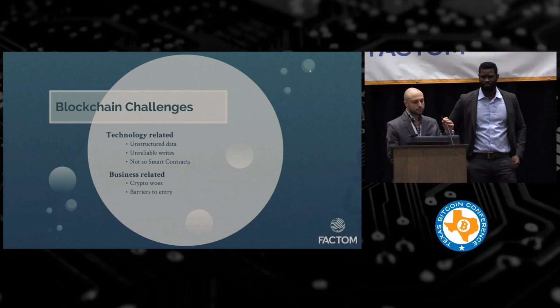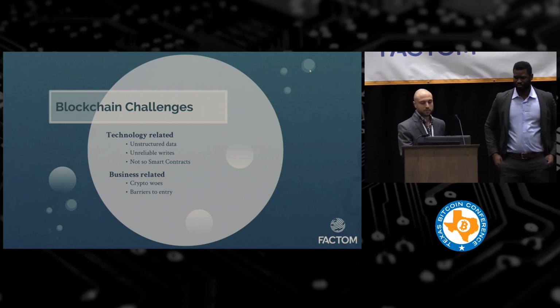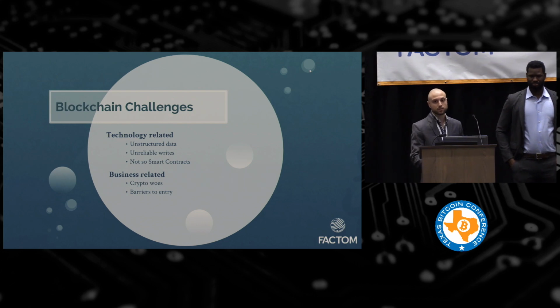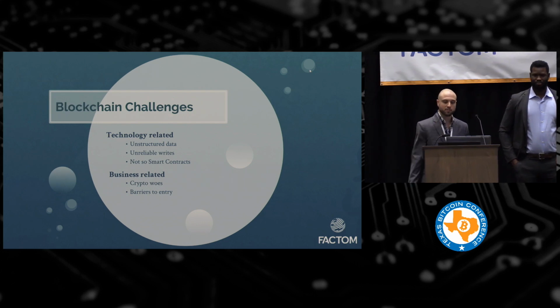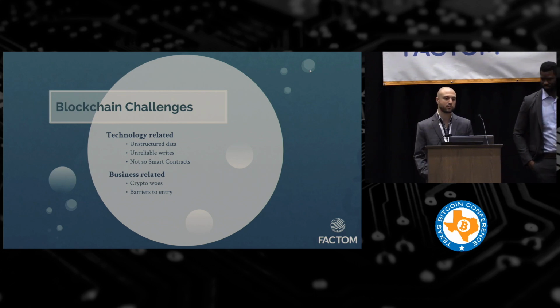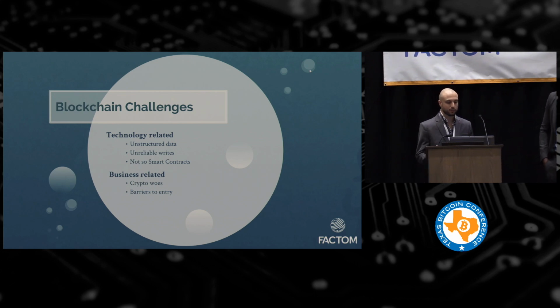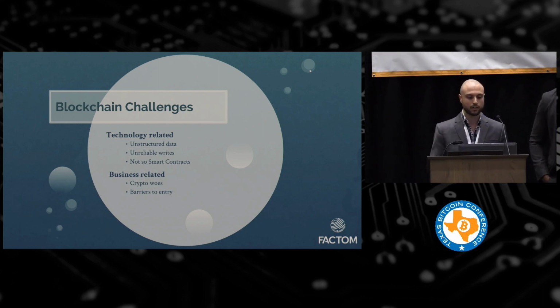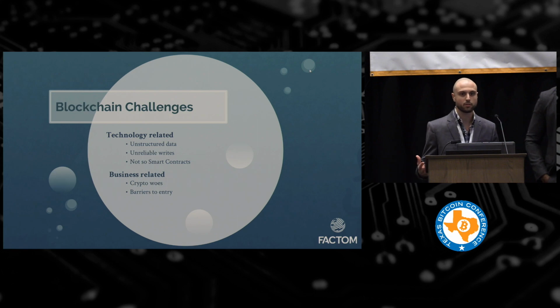So there's also obviously some business-related issues with using the blockchain, one of which I think that our CFO, Zach, could talk all day about, which is the crypto woes. There's a number of things associated with that, from unpredictable cost of operation, which is probably, I think, one of the biggest issues.